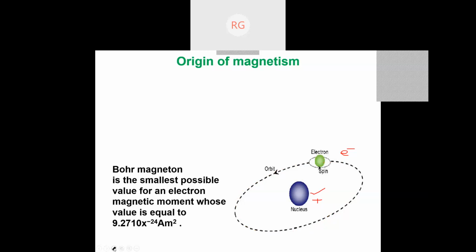Now, if I look at this figure, as the electron is revolving around the nucleus in a fixed orbit, I suppose that the electron is a point charge. In earlier classes, we have seen that a point charge at rest produces an electric field. If the same charge e is in motion, a moving charge produces both electric and magnetic fields.